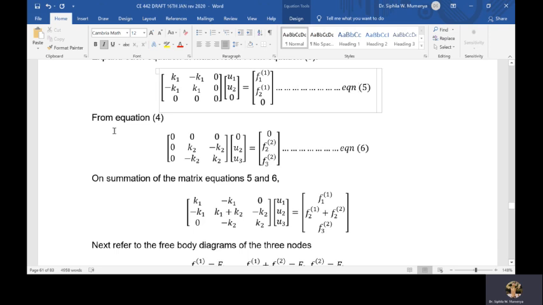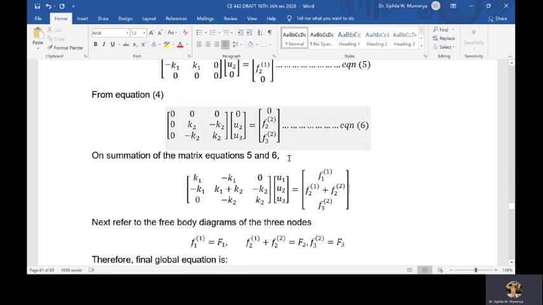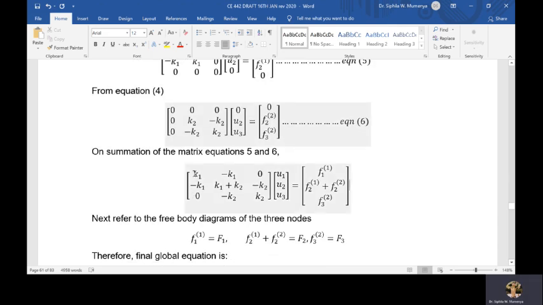And similarly, we can expand equation 4 so that we can position our stiffness matrices accordingly. And we can do the summation of matrix equations 5 and 6 so that we have this equation, which describes the stiffnesses of the two springs as shown.